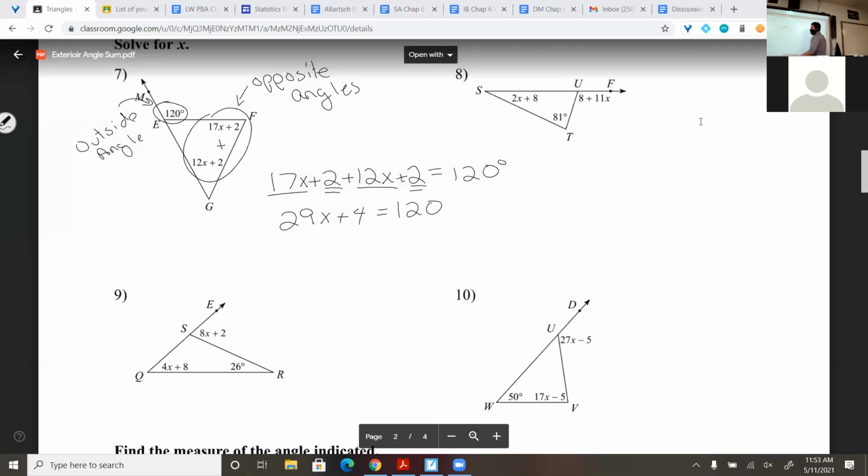And then for number 9, those two are my opposite angles. That's the outside angle. So I'm adding these together and setting it equal to 8x plus 2.